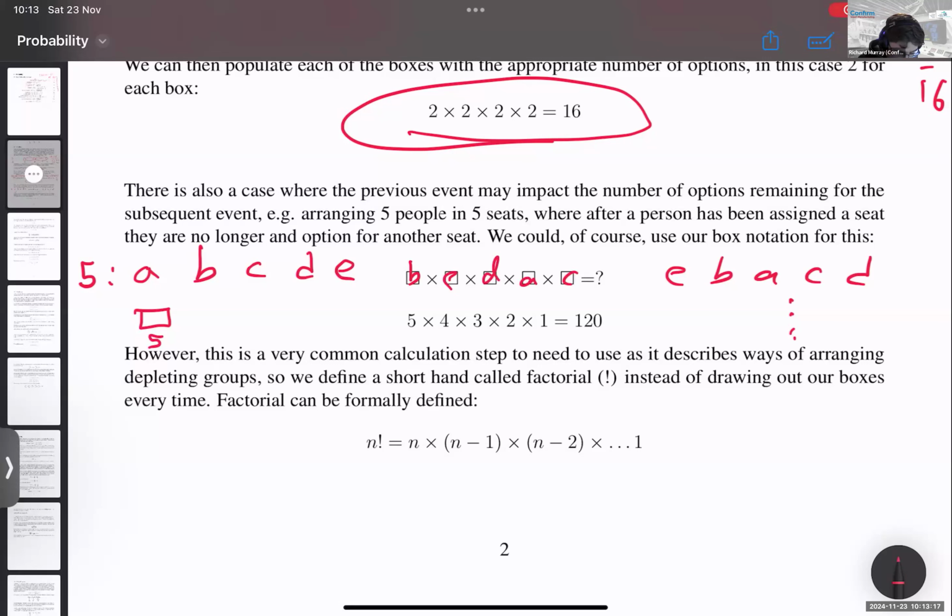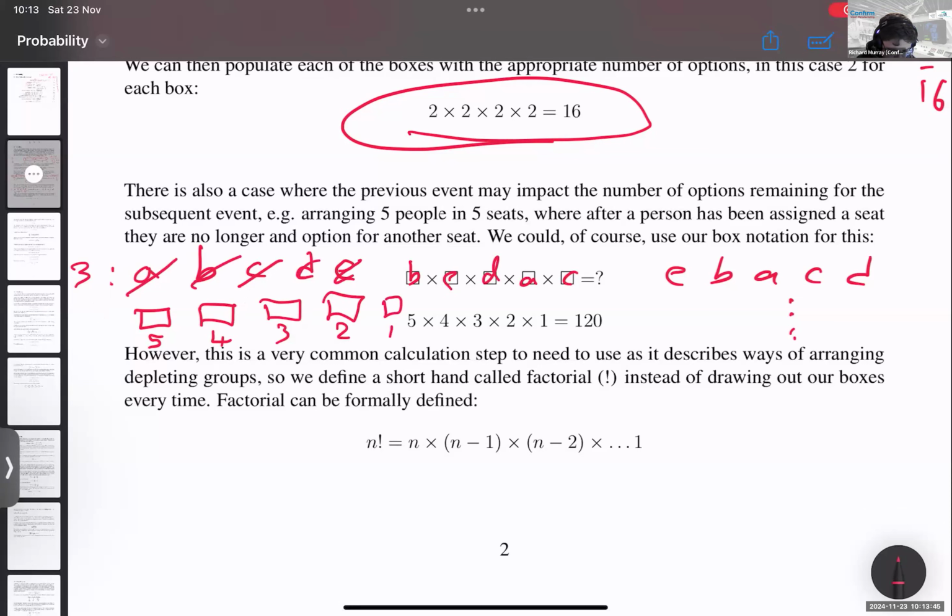So say if the first time we drew person C. So there's now only 4 people remaining, which means for our second box, there's only 4 ways that we could select from this set. And when another person's gone, which leaves us with 3 people. For our next box, that leaves us with only 3 options. We could do B, D, or E. Say we take E. That leaves us with 2.